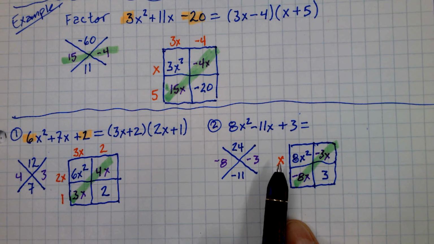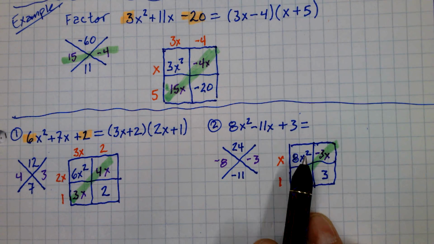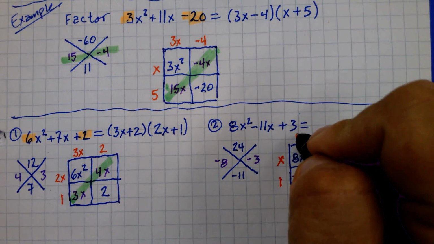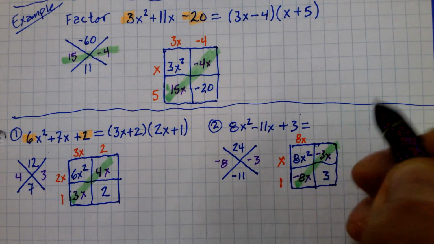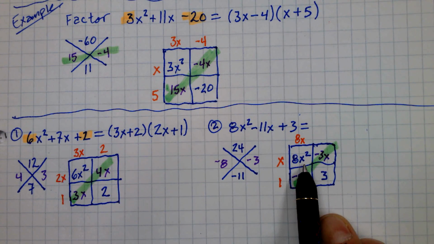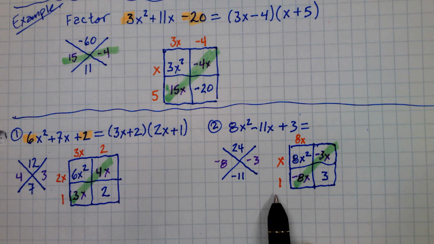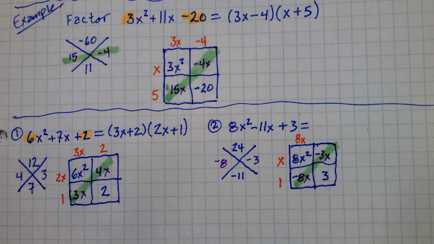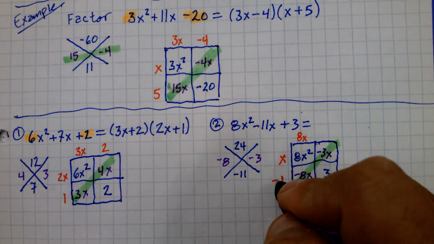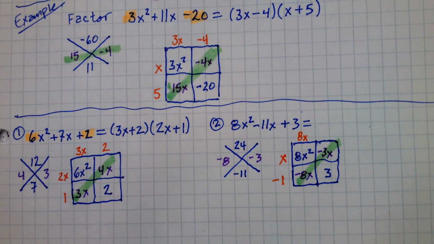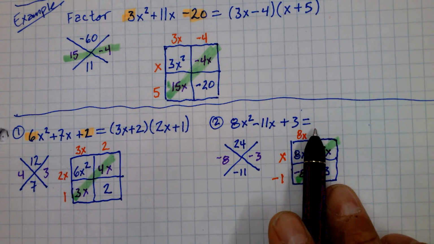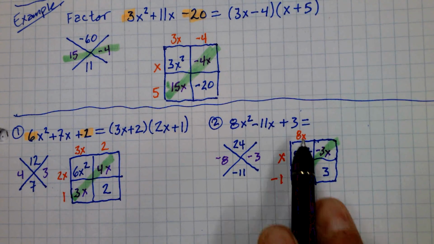Okay. So let's see. X times something is 8x squared. 8x. And you can always test by multiplying. 8x times x is 8x squared. And you can test it here. Yeah, this should be a negative 1. I forgot that has to be a negative 1, or else this won't work. I just caught it here. Negative 1 times 8x is negative 8x.